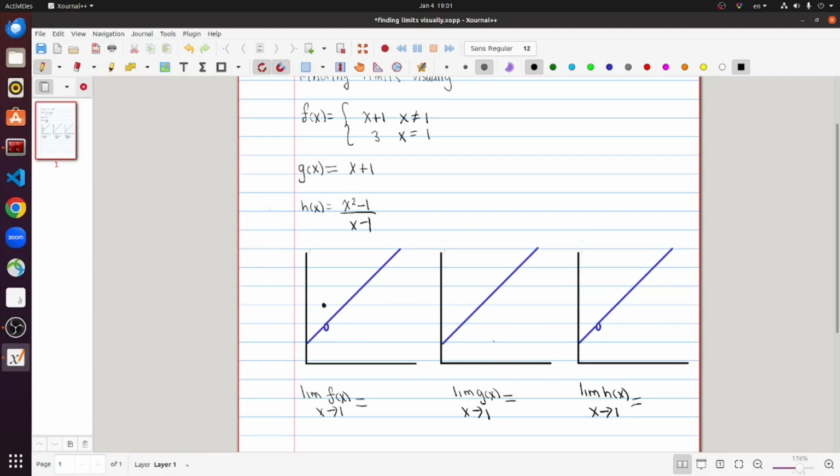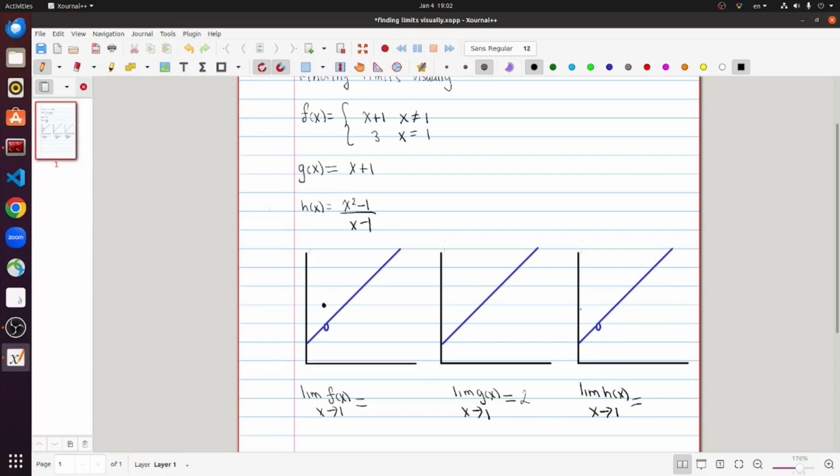What happens when we approach x equal to 1? Well, here it's very easy. We can see that it's 2, because the value of g of x is 2 when x is equal to 1.